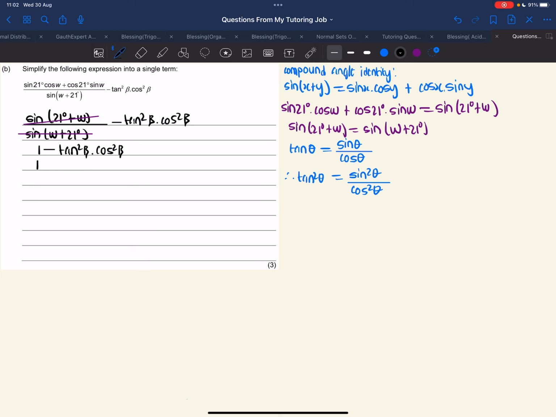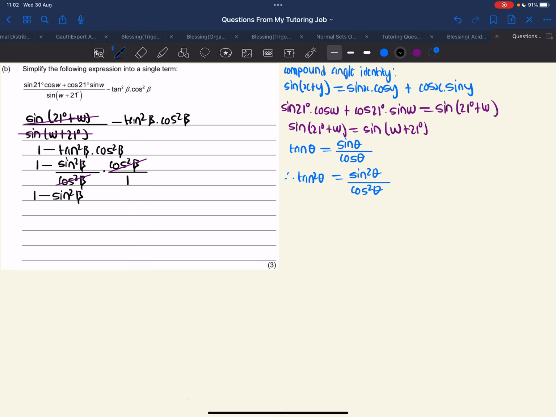So now I'm going to say 1 minus sine squared beta all over cos squared beta, multiplied by cos squared beta over 1. Can you see that those two cancel out? So we're left with 1 minus sine squared beta.